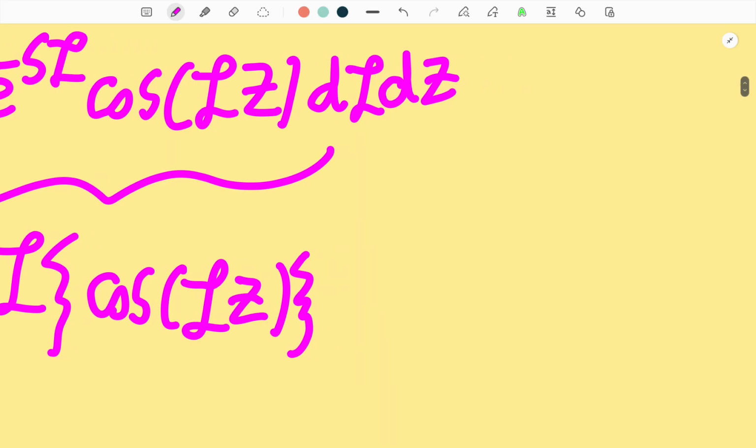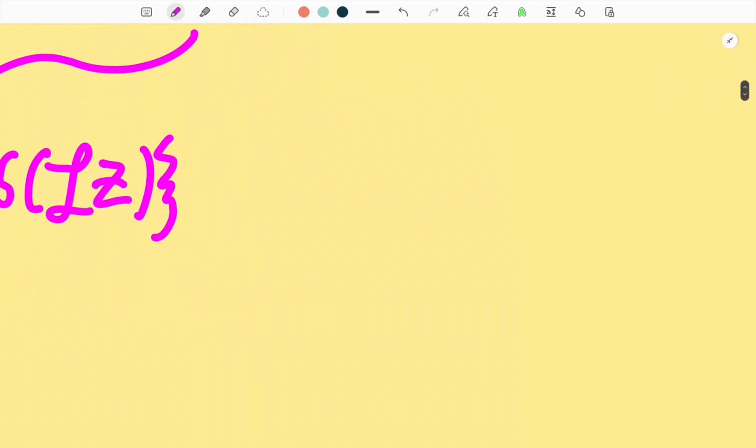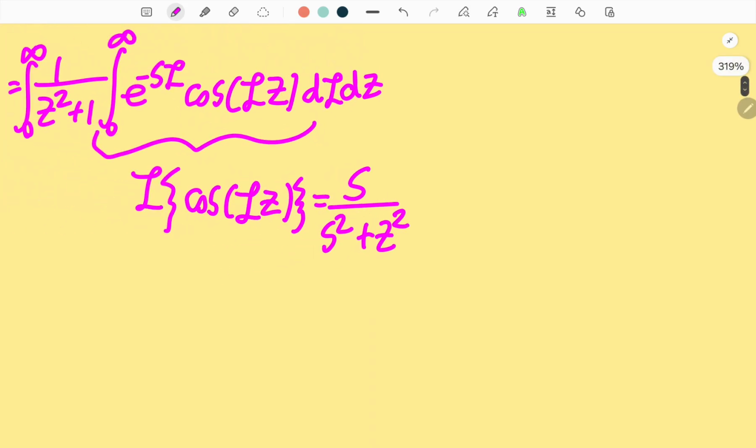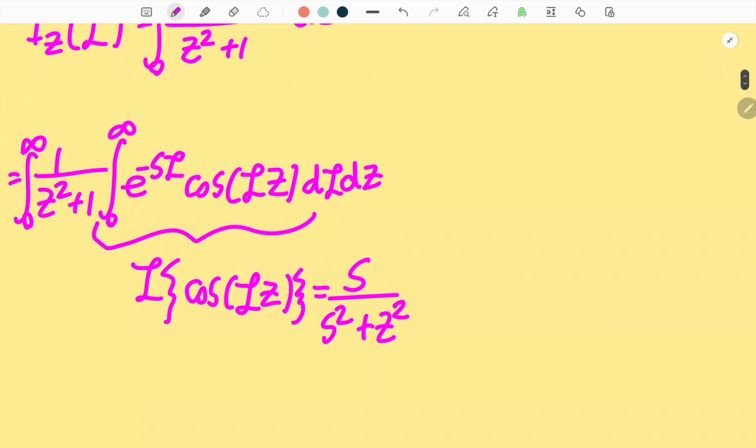Now, if you look up your table of Laplace transforms, you'll find yourself at this answer: s divided by s squared plus z squared. There we go. So the integral with respect to L is equal to s divided by s squared plus z squared. So there we go. Let's go ahead and apply this to our integral.